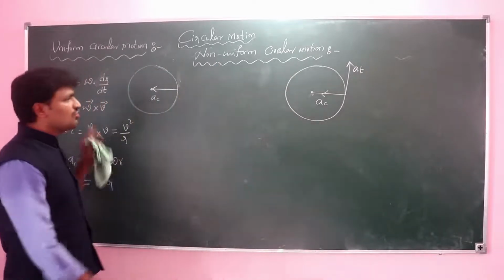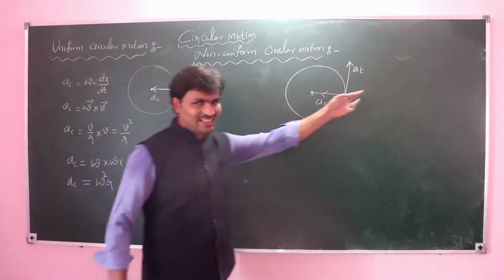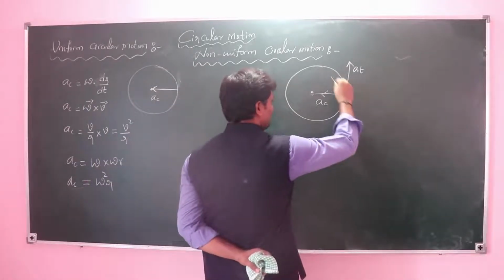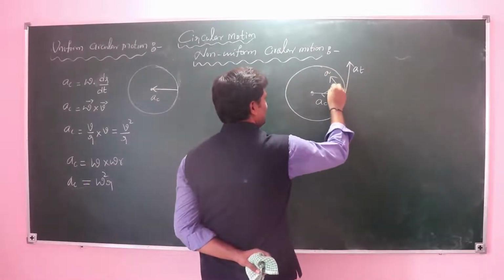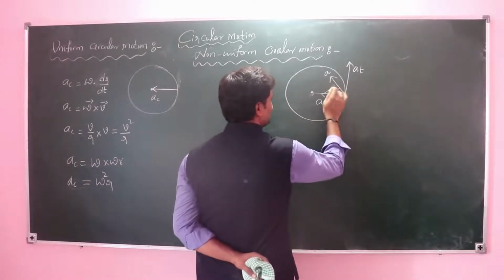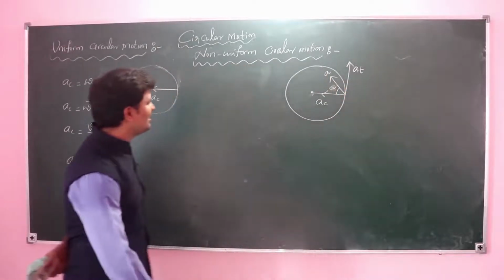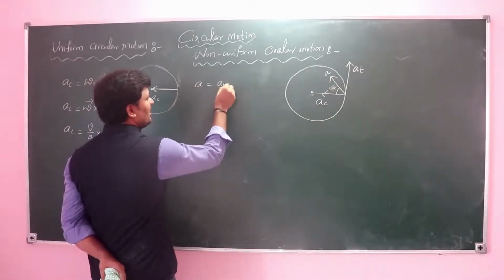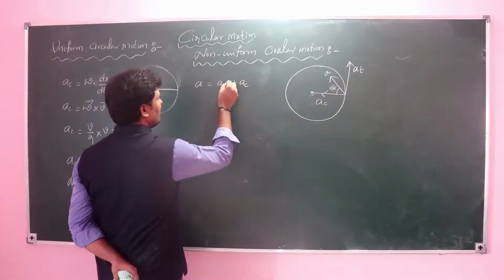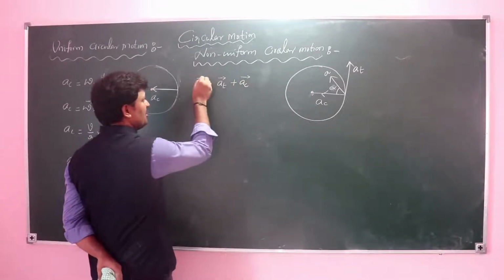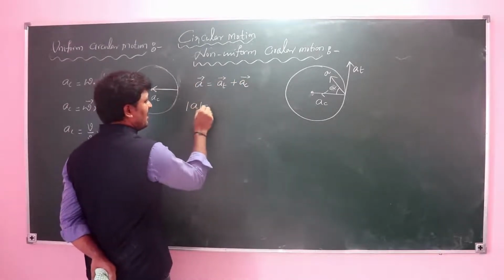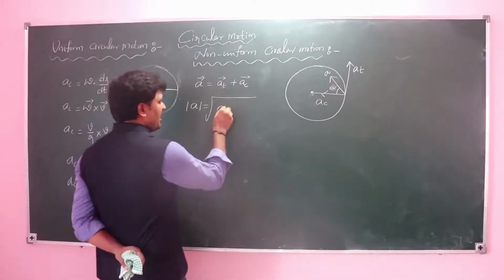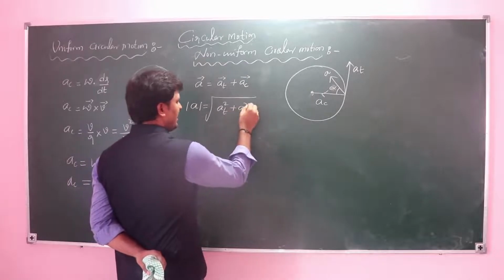In uniform circular motion there is no tangential acceleration, but in this the tangential acceleration is there. Then the resultant acceleration may be making an angle alpha with this. Writing the resultant acceleration in vector notation, A is equal to AT plus AC. The magnitude of the resultant acceleration is equal to under root AT square plus AC square.